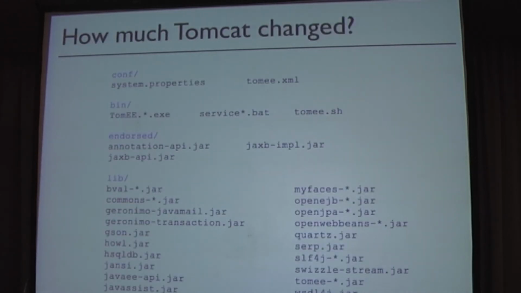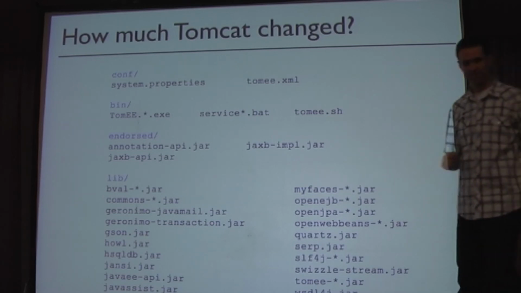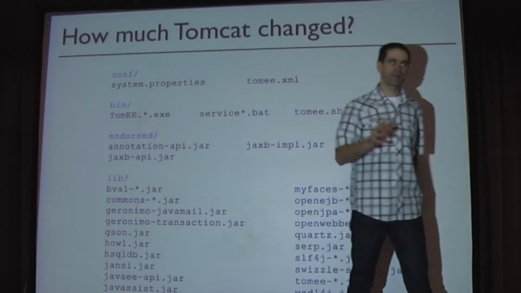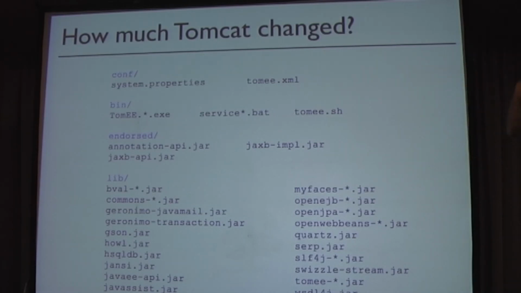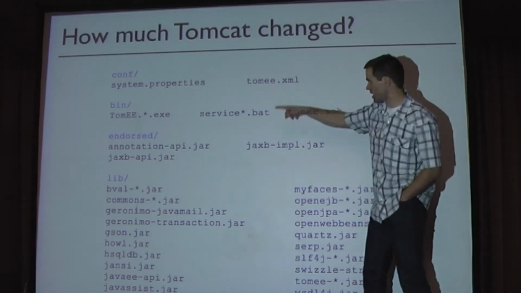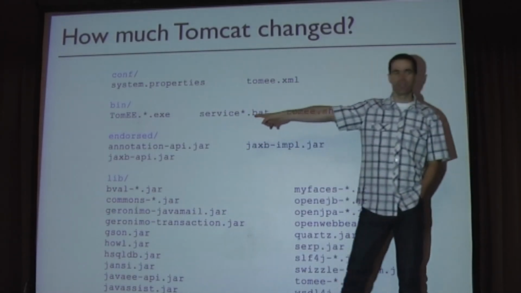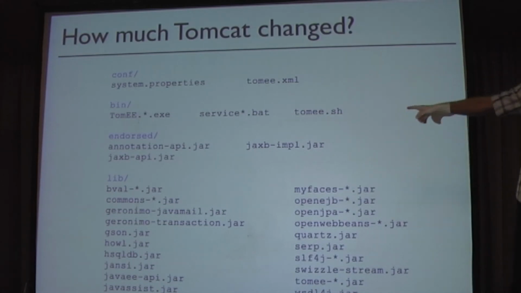Okay, so how much did Tomcat change? Well, a little bit. If you want to create a TomEE from a Tomcat, just add a couple of jars inside the endorsed directory.